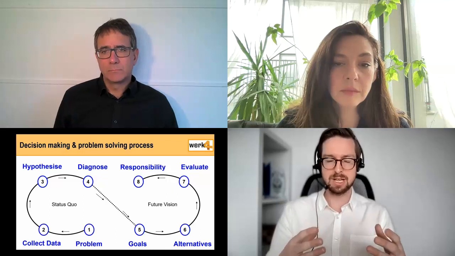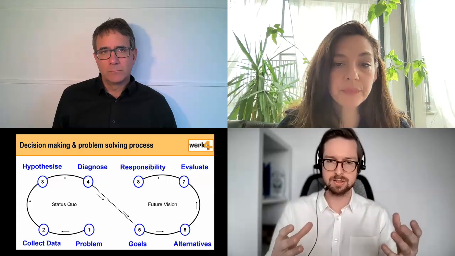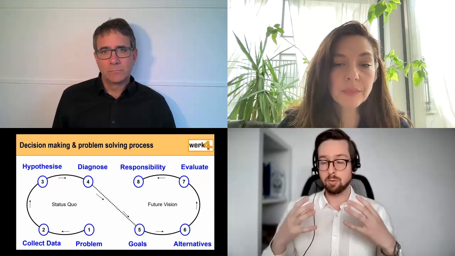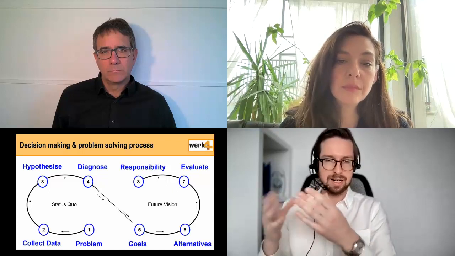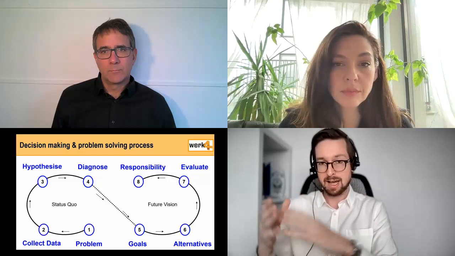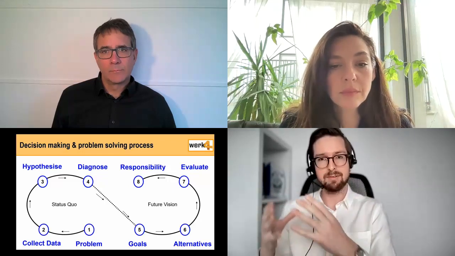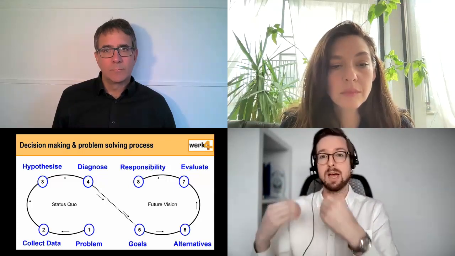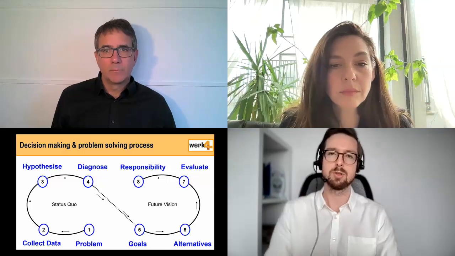Mike, diagnosis? So diagnosis is the fourth stage, and importantly, it's the final stage of the status quo, meaning the current situation. At this stage, you've established the problem, you've collected the data, you've had an open discussion around the origins of this, and now you're at a point where you are willing to commit to a clear diagnosis of the problem, the origin, and begin to look towards that future vision of how we can actually move towards solving it.